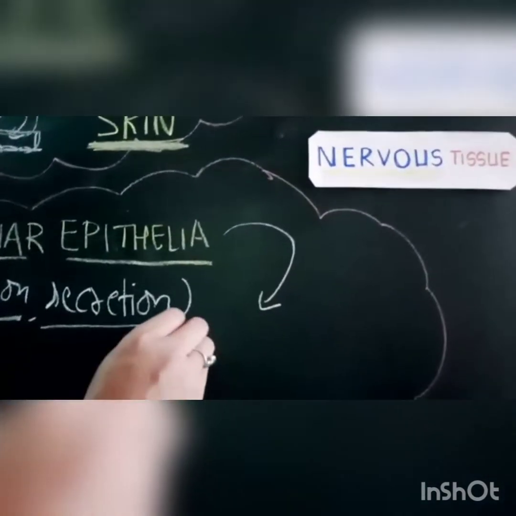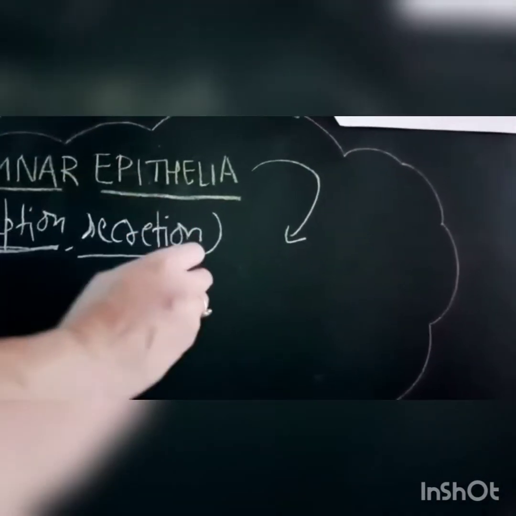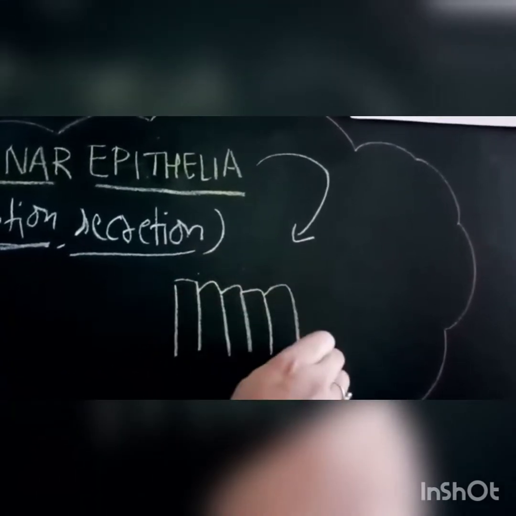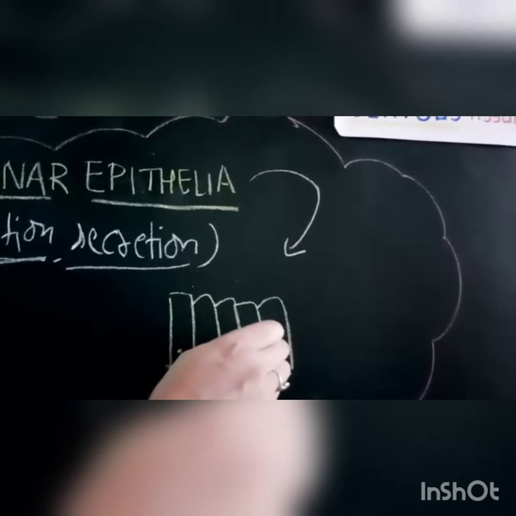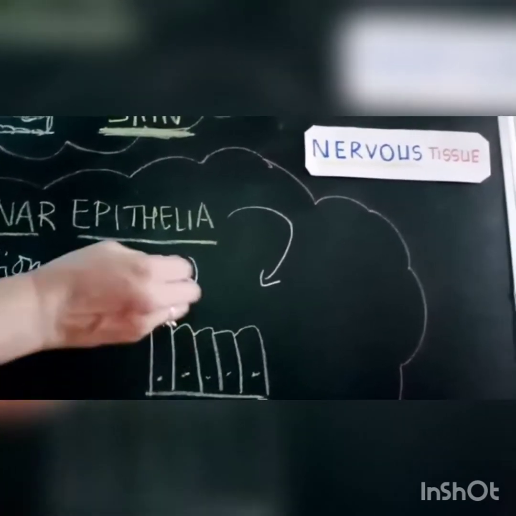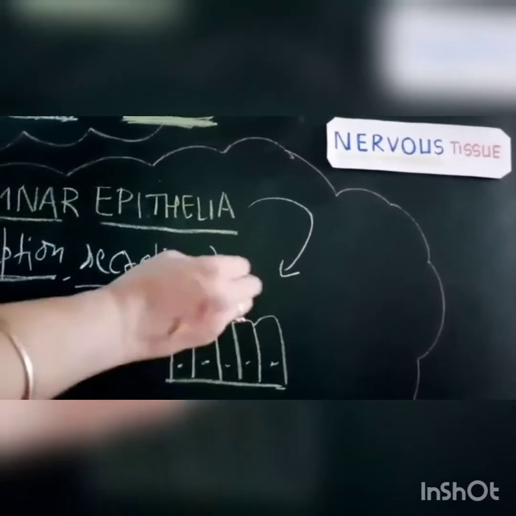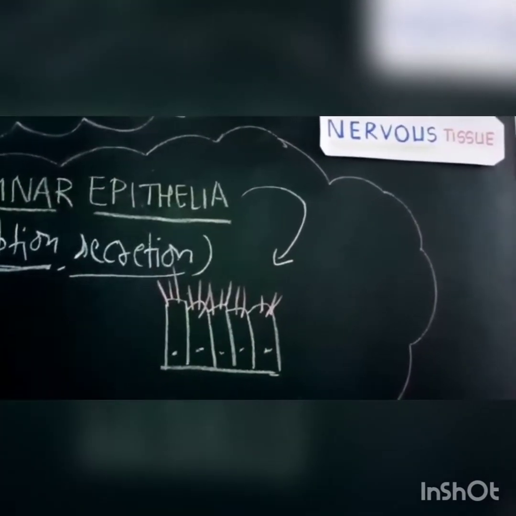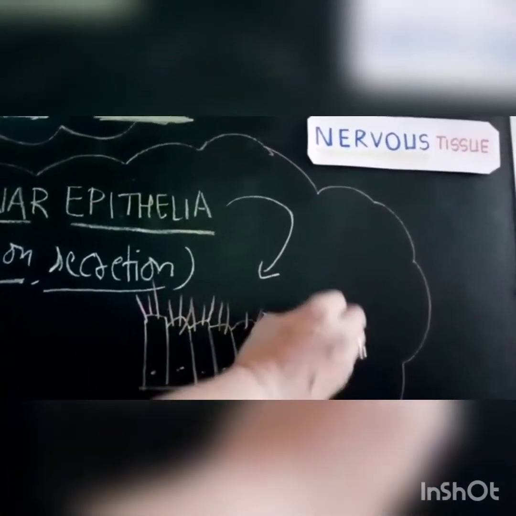There is again a modification of columnar epithelium in which the cells, you just see how I'm making the cells. These are the nucleus, and there are hair-like structures present at the free end of the cells. So these hair-like structures are called cilia.